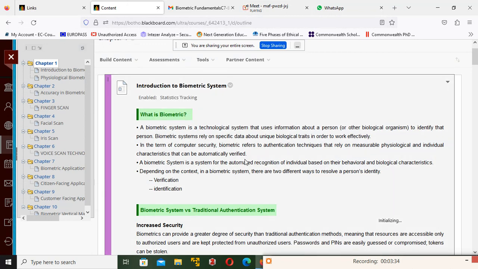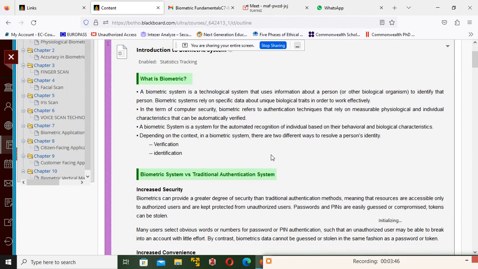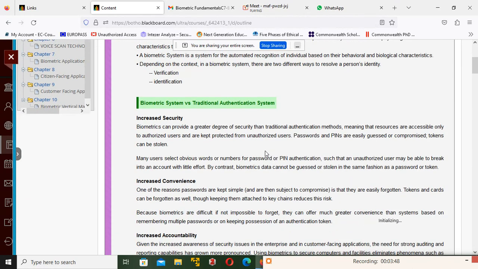So at the end of chapter one, it is expected that you should be able to know and define what a biometric system is. You should know the difference between our traditional methods of authentication and biometric system authentication.